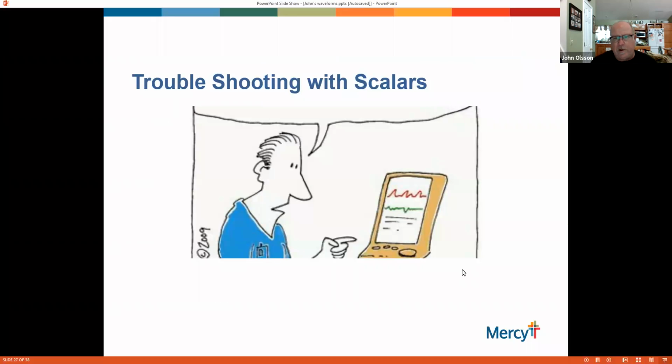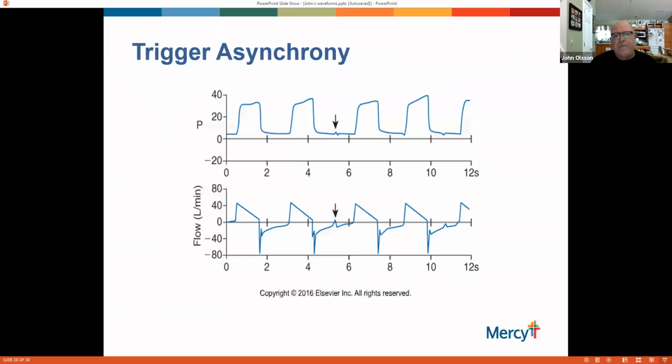We'll troubleshoot a few scalars here. So, trigger asynchrony. You can see right here, my patient's trying to trigger right out here, and they're not getting a breath. Sometimes that happens if the trigger is not set right. The trigger is what makes the ventilator sense to give that patient a breath.